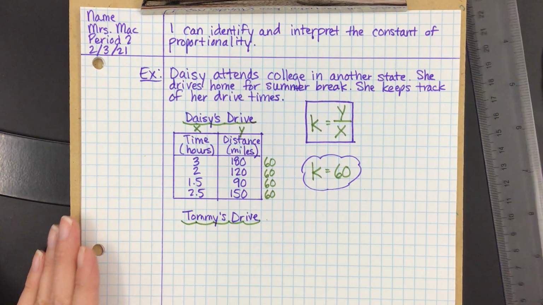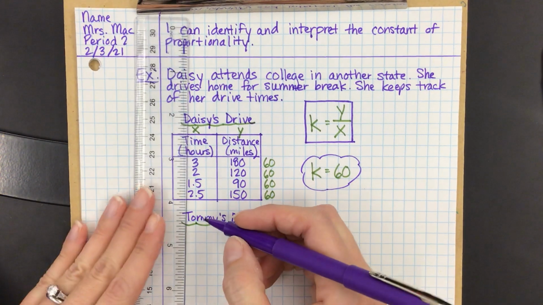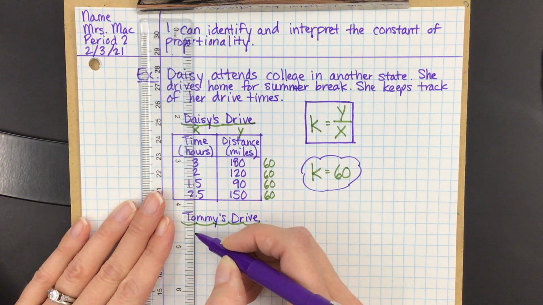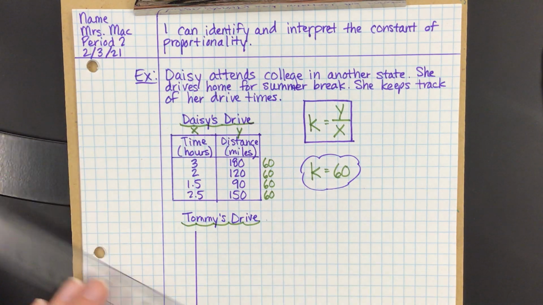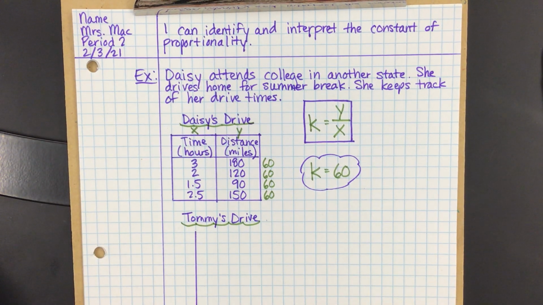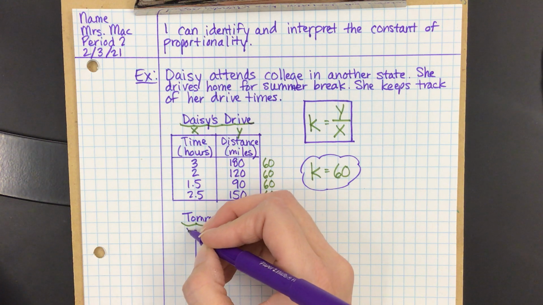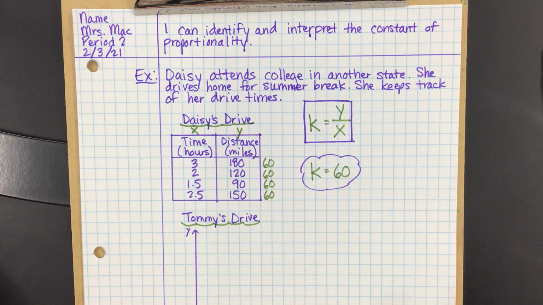So we're going to set up our x and y axis so that we can take a look at Tommy's drive. 10 by 10 should be plenty here. This is my y-axis, this is my x-axis.